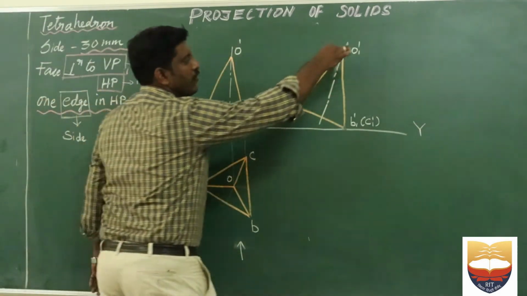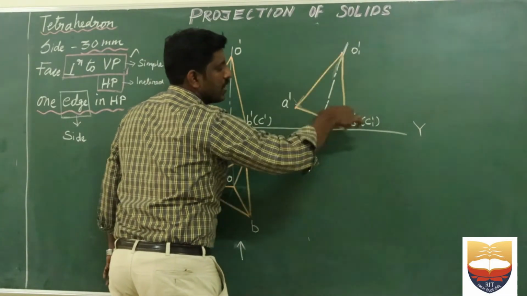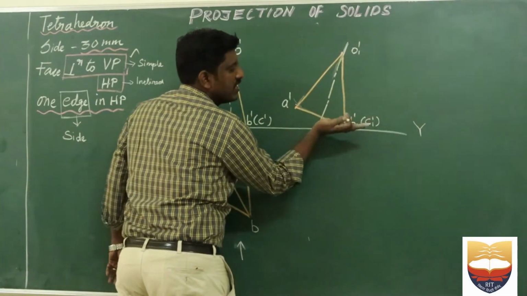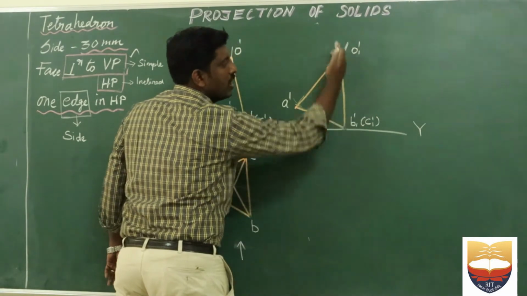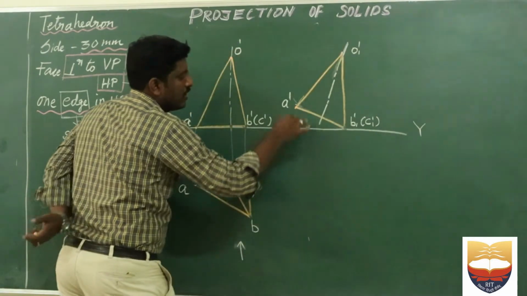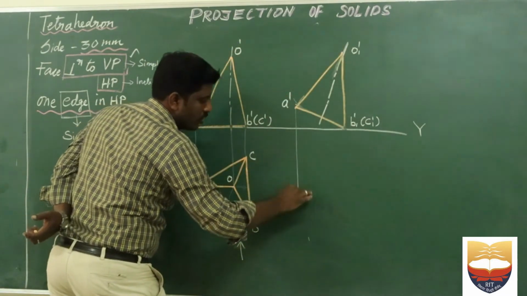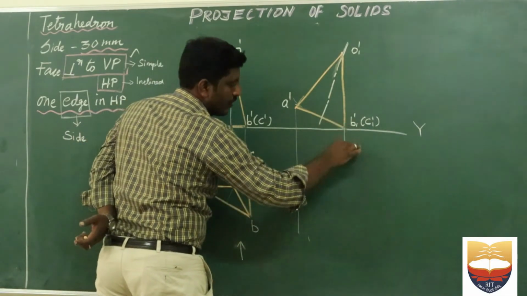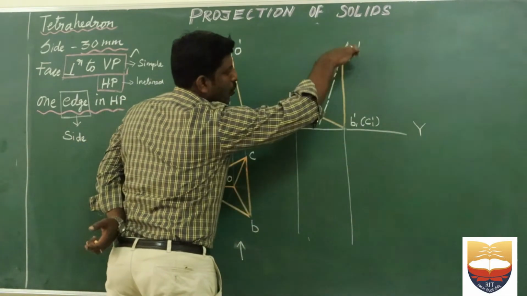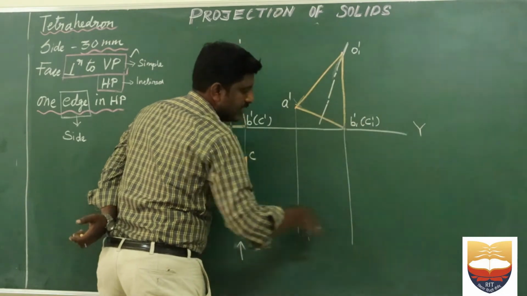You can see this face OBC is perpendicular to this reference line. If it is resting on the horizontal plane, it is called perpendicular to the horizontal plane. Now I simply need to project all the points from the top. You can see O, B and C lie on the same point.